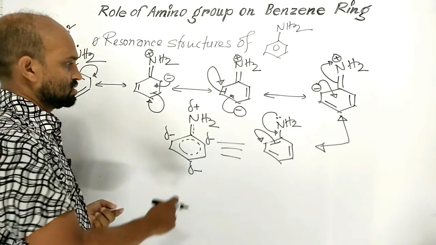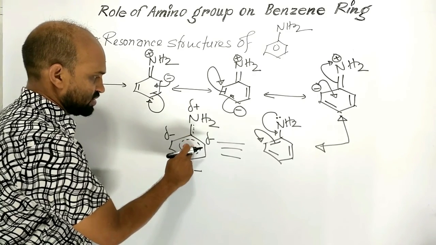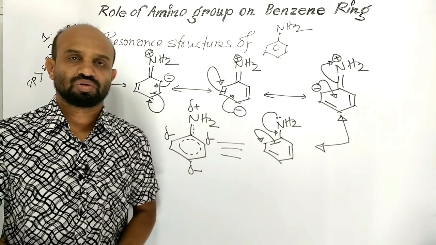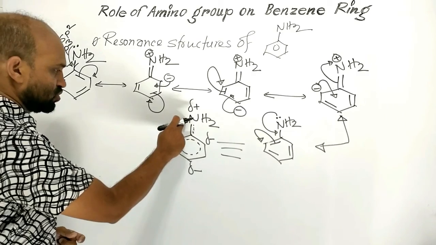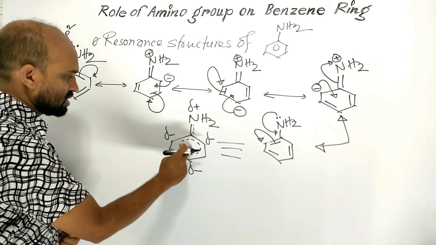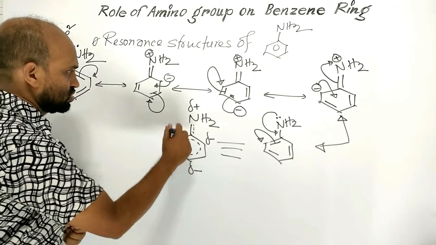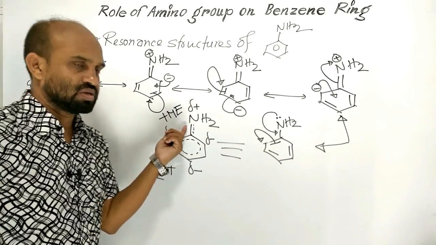That is, the amino group increases electron density in the benzene ring. As a result, ortho and para carbons get electronically rich. That is, the amino group is a benzene ring activating group towards electrophile through positive mesomeric effect.